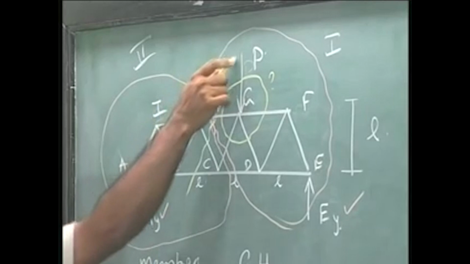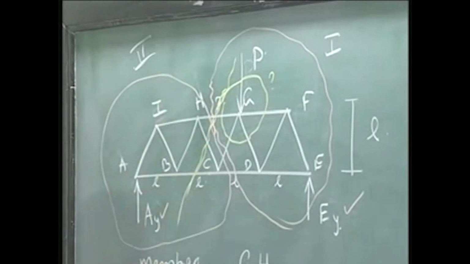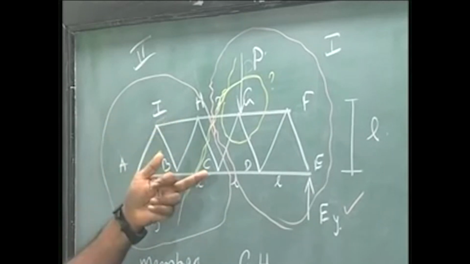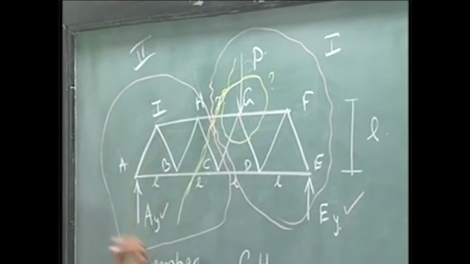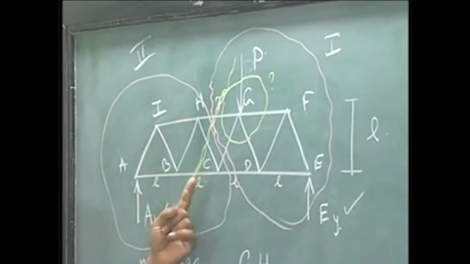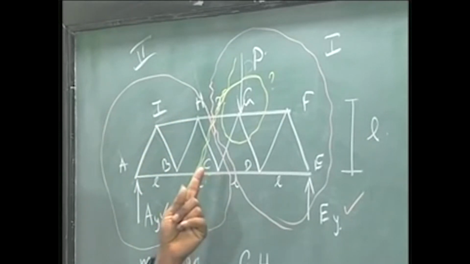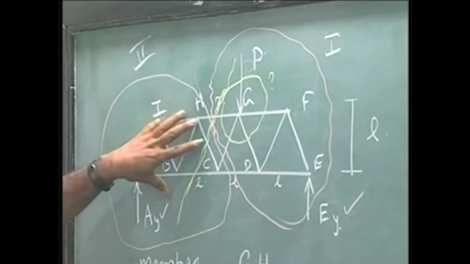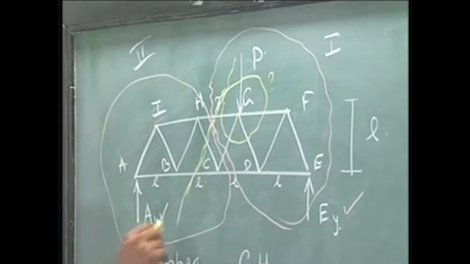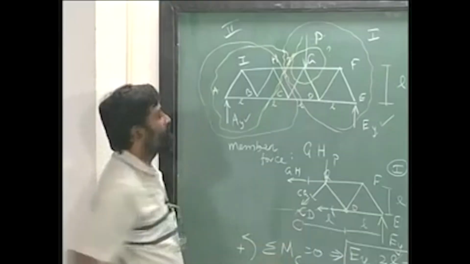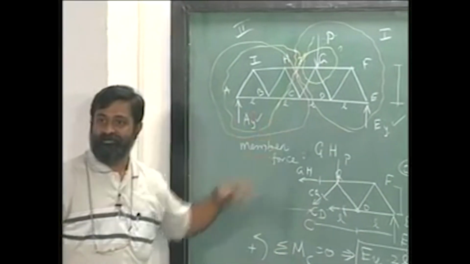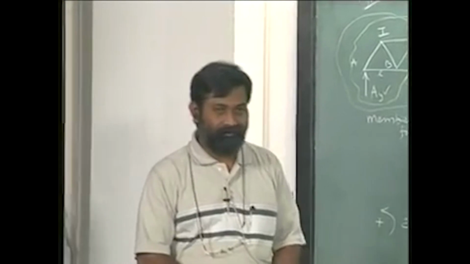A sectioning like this is similar to sectioning like this, except that it reveals BC, CH in addition to GH, and BC and CH are coincident at C again. So I will be taking moment about C, but for a section which is separated by this. So it will be like this. Is this clear? Thank you.